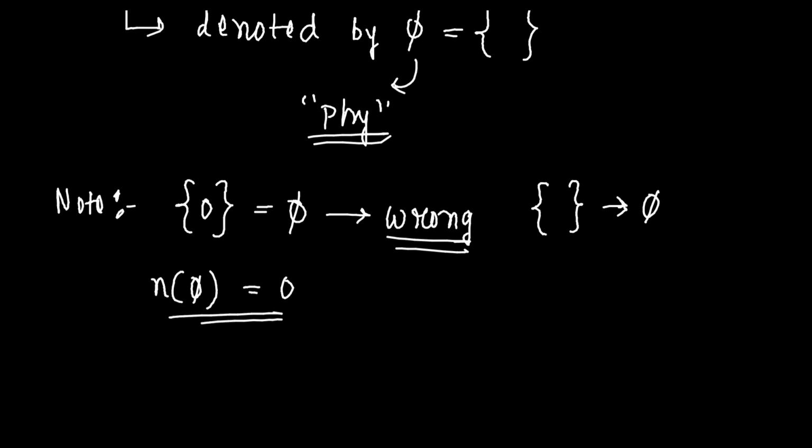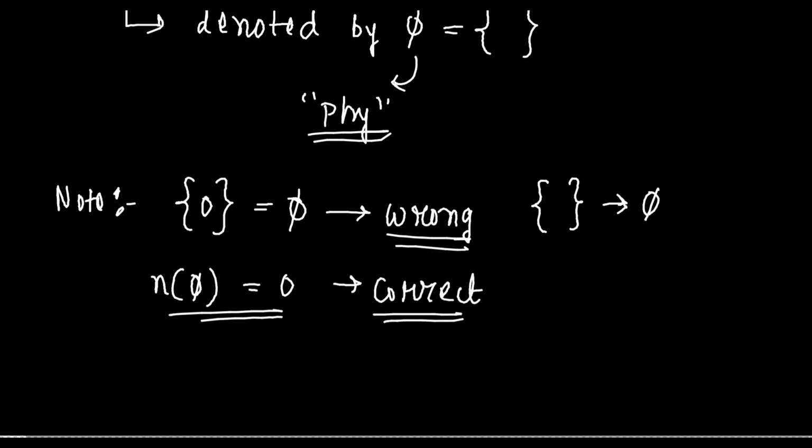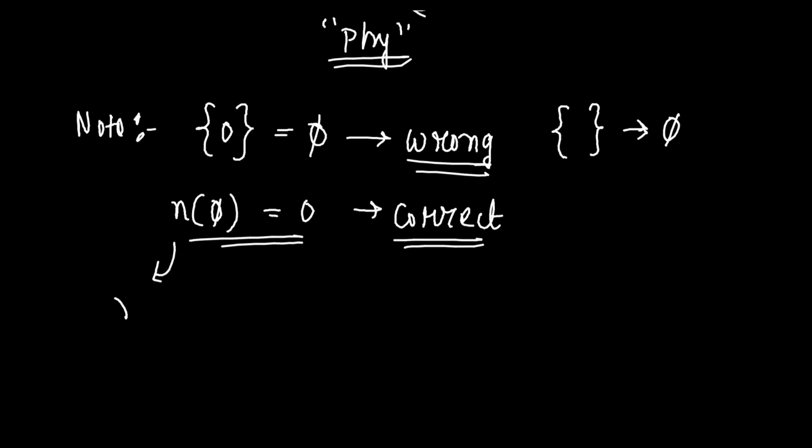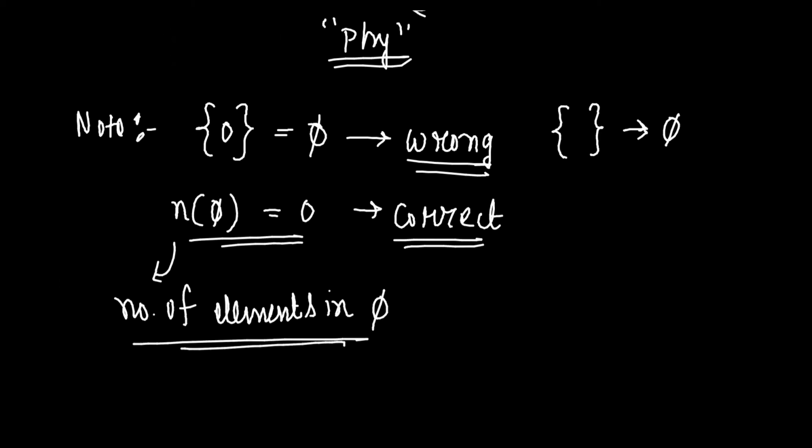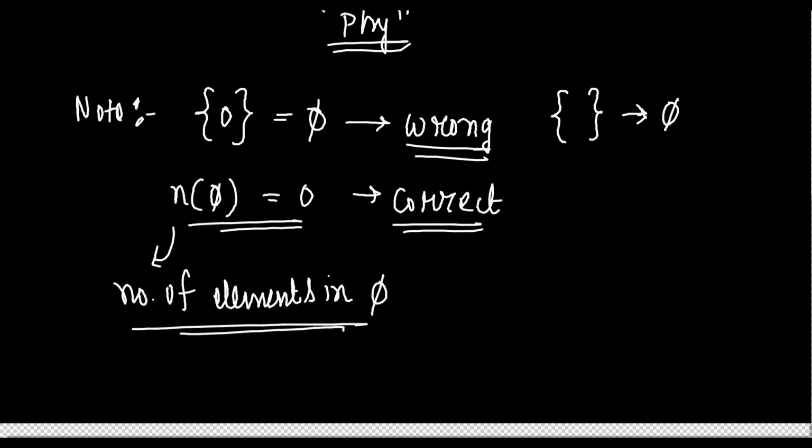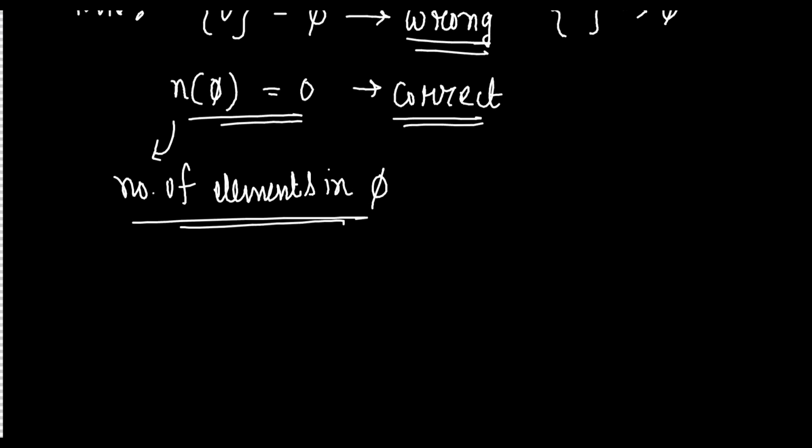The cardinal number is the number of elements in the set. Now we can take an example.